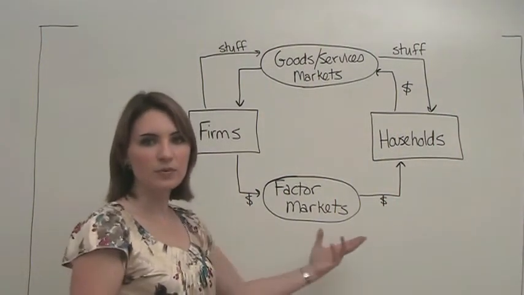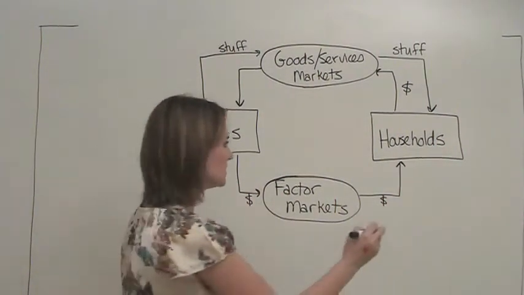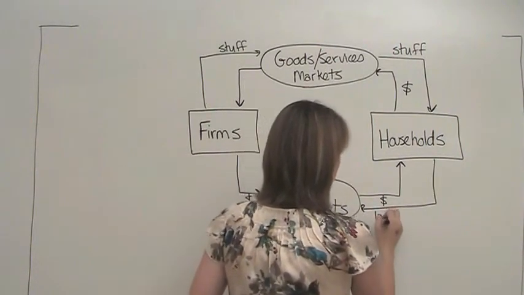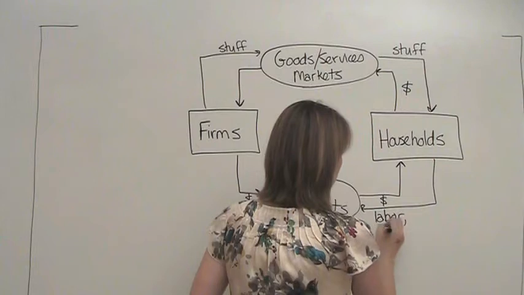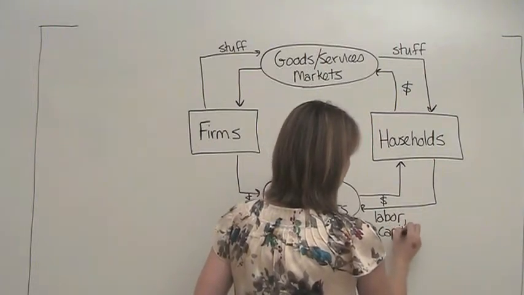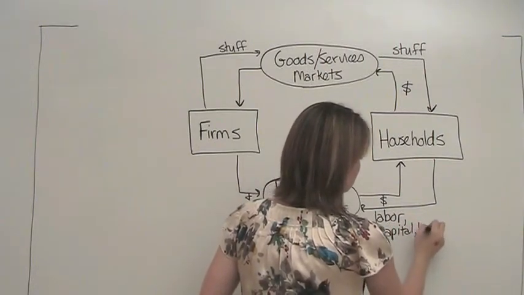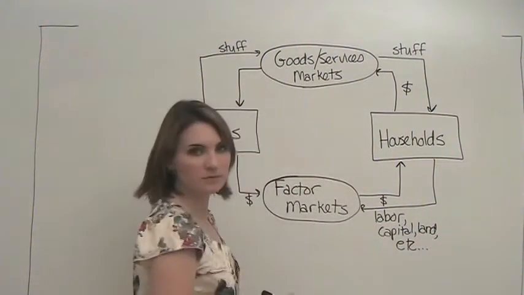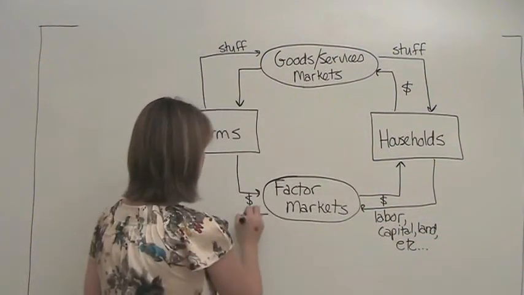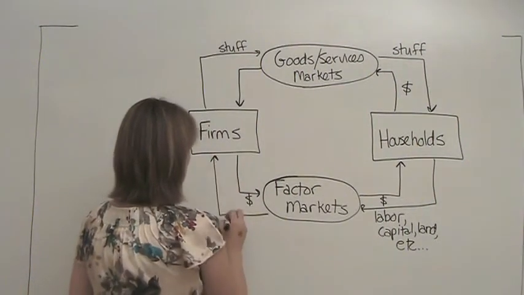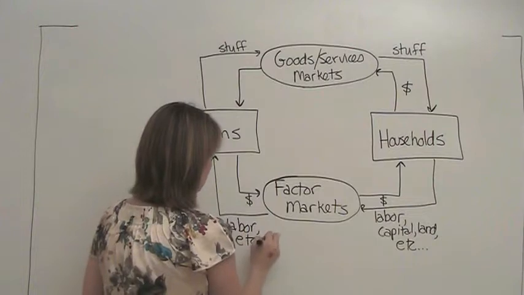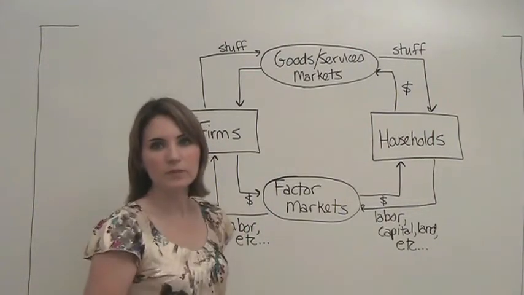Now the item supplied is going towards the firms, in that households are supplying labor, capital, land, etc. And all of those things are flowing towards the firm.